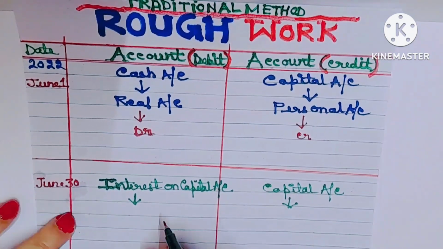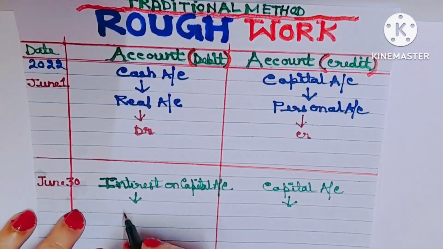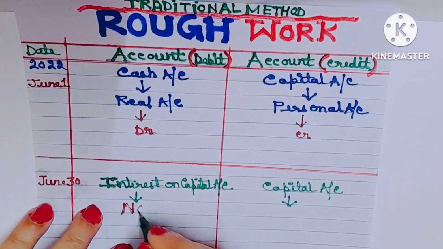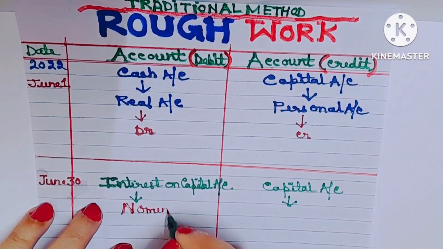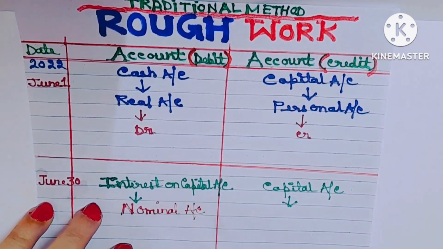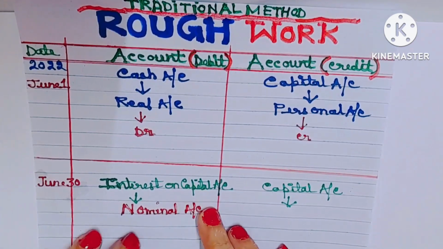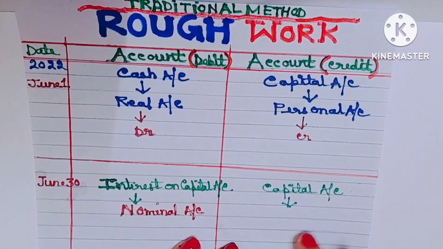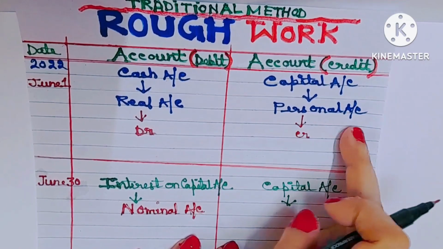Now interest on capital account comes under nominal account. Nominal account. Okay. So interest on capital account comes under nominal account and capital account comes under personal account. We already know.